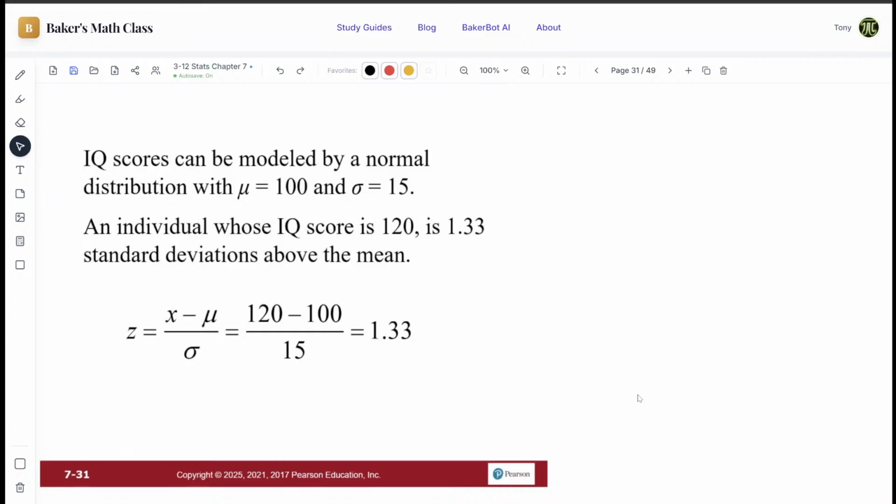So IQ scores have a mean of 100 and a standard deviation of 15. So an individual whose IQ score is 120 is 1.33 standard deviations above the mean. Let's see something.